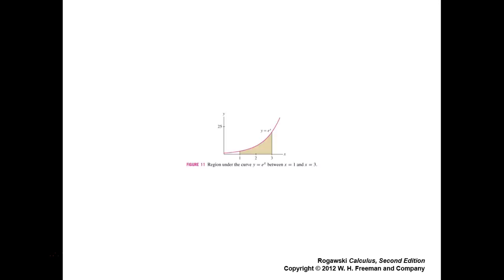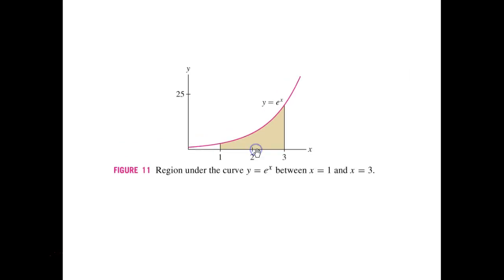And example 3, I believe, is this one. Find the centroid of the shaded region in this figure. In your new book, it's figure 14, because they've had a couple more figures they didn't show. In the old, it was figure 11, but it's the same figure.